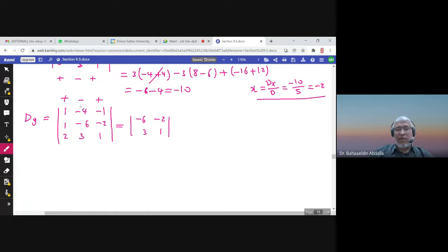Then negative 4, so it would be positive 4. Delete the column and the row. Then positive negative 1, so it's negative. Delete the row and the column.